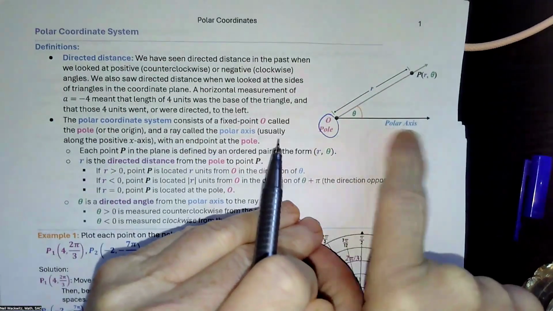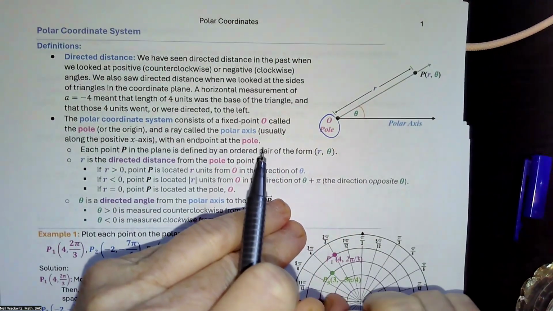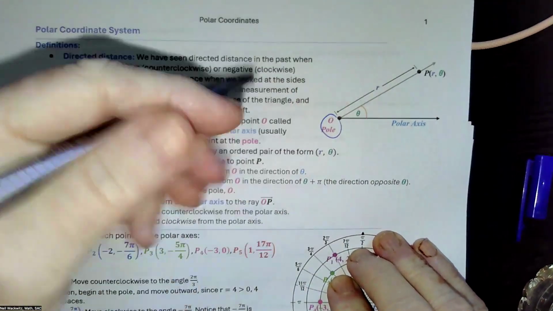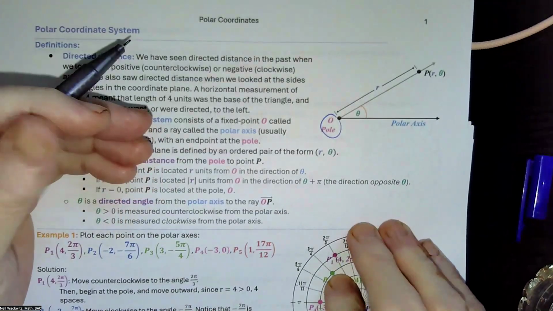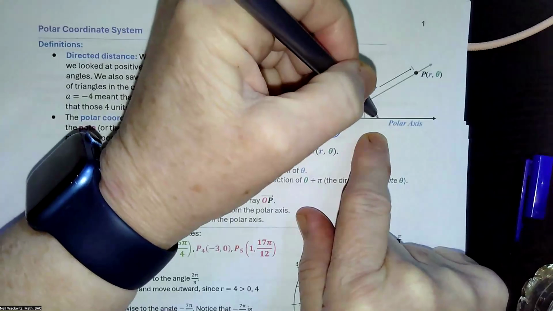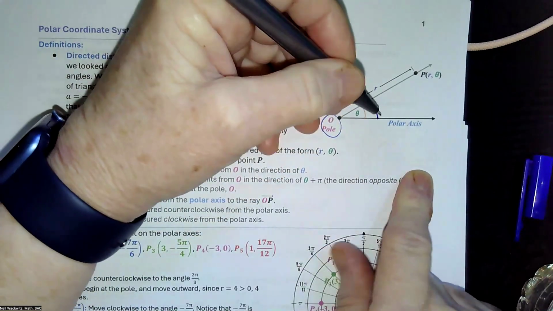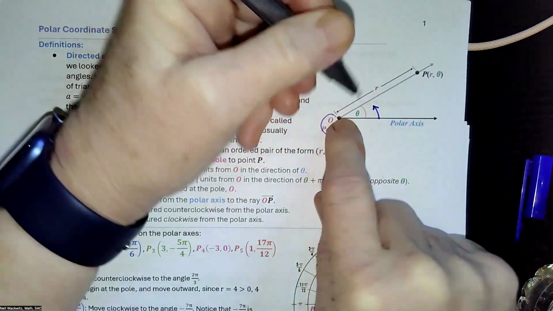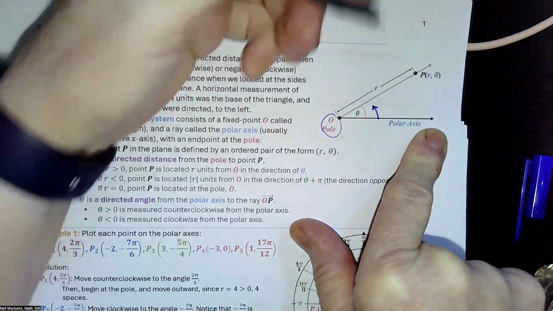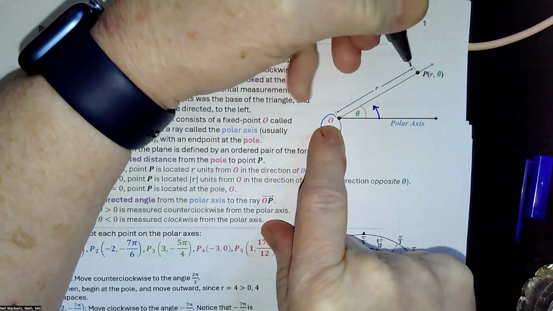The polar axis lies along the positive x-axis, but you notice there's no negative x-axis and there's no y-axis. The angle theta goes counterclockwise if it's positive, clockwise if it's negative, and we always start at the polar axis. And then r is the distance from the pole to the point.